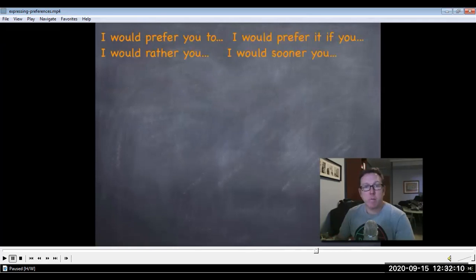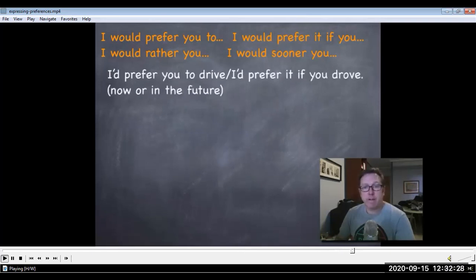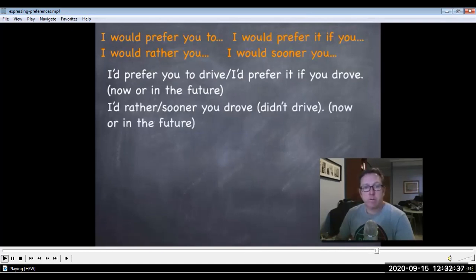These are some more structures that you can follow. I would prefer. I would prefer you to, I would prefer it if you, I would rather you, and I would sooner you. Okay, some examples. I prefer you to drive, or I prefer it if you drove, now or in the future. I'd rather or sooner you drove, or I'd rather or sooner you didn't drive, now or in the future, expressing your preference.